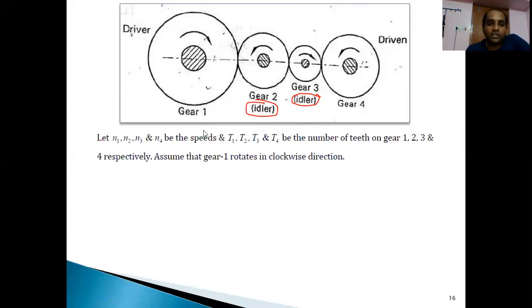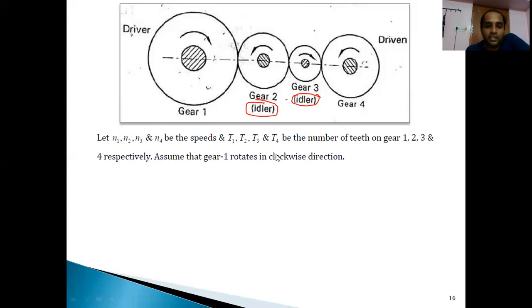Now let N1, N2, N3, N4 be the speeds and T1, T2, T3, T4 be the number of teeth respectively for all these 4 gears. Now we are assuming that gear 1 rotates in the clockwise direction. When gear 1 rotates in the clockwise direction, gear 2 should rotate in the opposite direction, that is anti-clockwise. Then what will be the velocity ratio for gear 1 and 2?